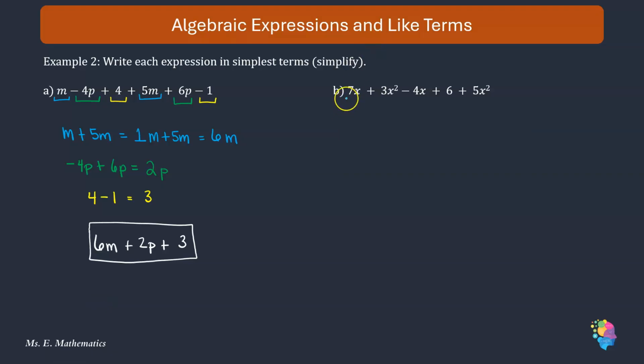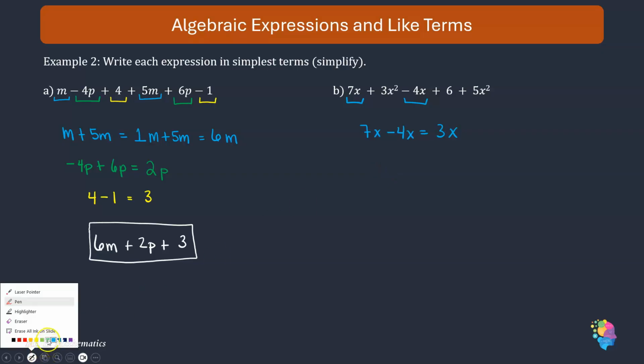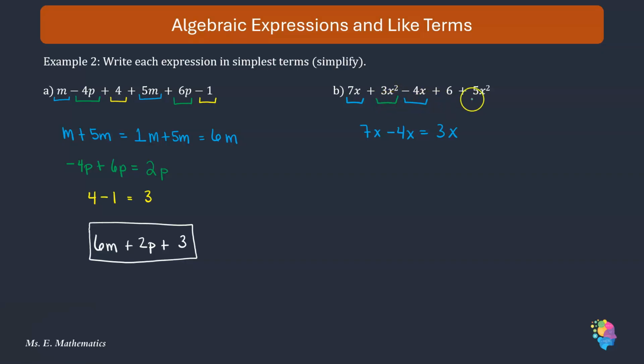So here we go. We have 7x, and the like term will be negative 4x, so 7x minus 4x. 7 minus 4 will be 3, and we bring the variable. We try the next one. We have 3x squared. The like term will be 5x squared.